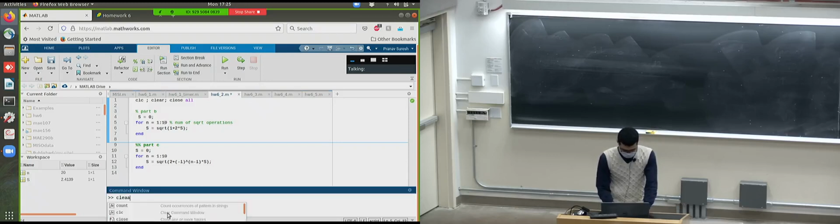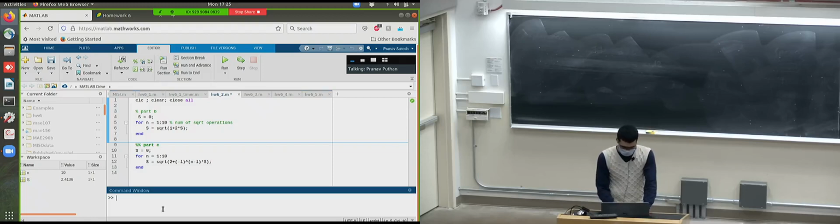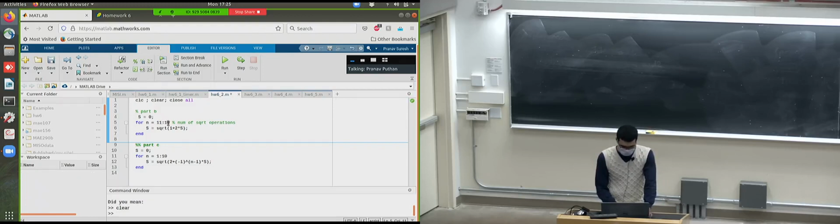I'm clearing the workspace and running it again. Yeah, 2.4136. In the second case, let's go from 11 to 20. Previously I mistyped it as 10 to 20. Now I'm getting the same value. So the operation does not depend on the value of n, as long as it's executed 10 times.